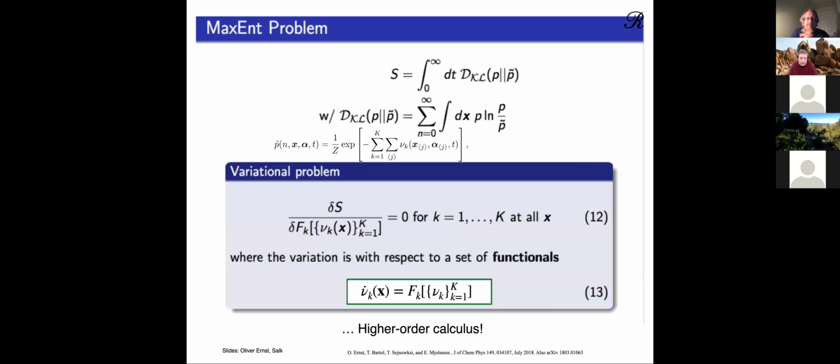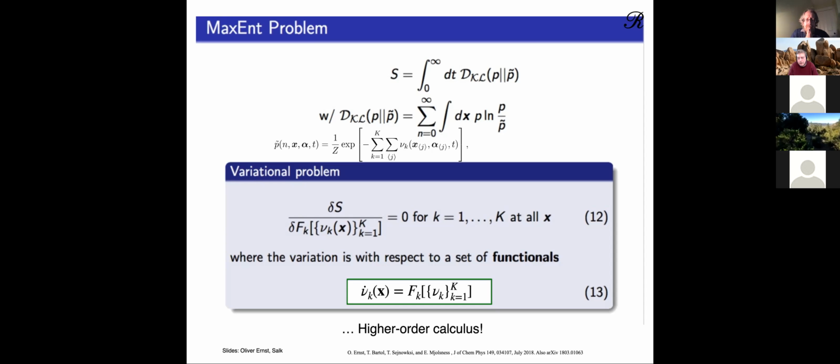So we want some kind of objective function that says P tilde should well approximate P. The typical thing to use is the KL divergence, so we decided to start there. And vary the KL divergence, the variational problem is dS/d something equals 0. What's the something? The something is the right-hand side of equation 13 there that tells you how the potentials should evolve.